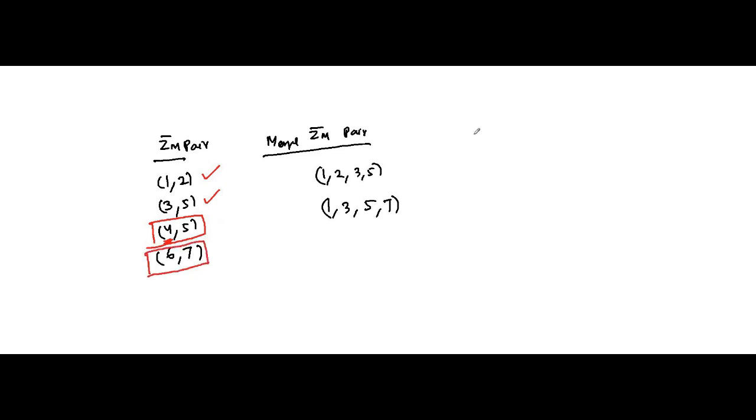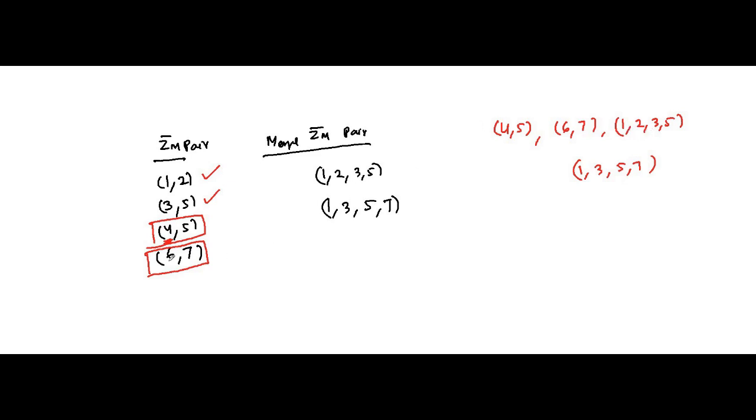So here the essential prime implicants are 4, 5, 6, 7, 1, 2, 3, 5 and 1, 3, 5, 7. These 4 will be considered. Why?